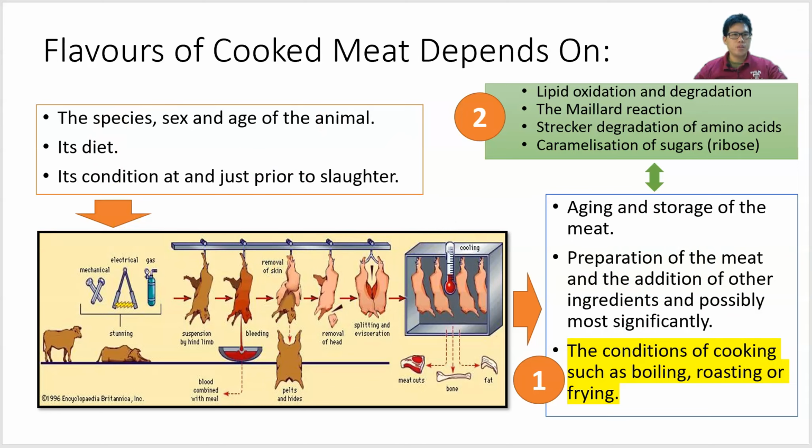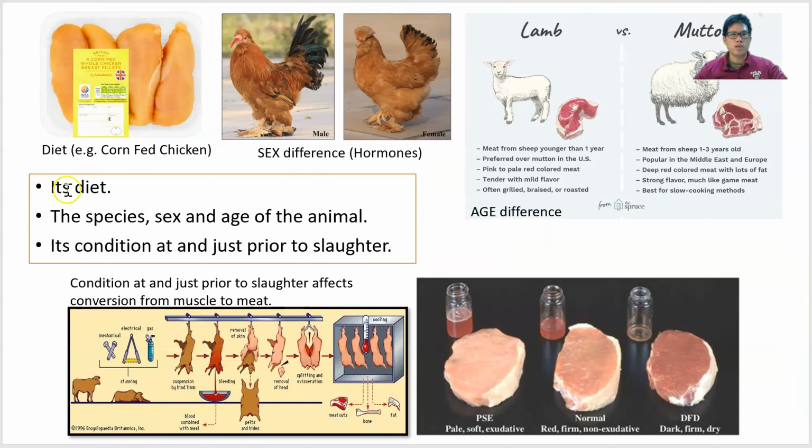Let's look at this more closely. The diet is very, very important. The diet actually affects the composition of the meat. For example, this chicken over here is very yellowish. The reason is that it's corn-fed chicken, and the yellow comes from the corn.